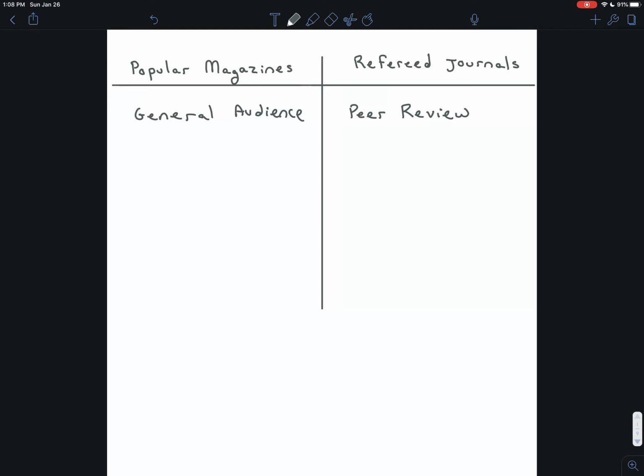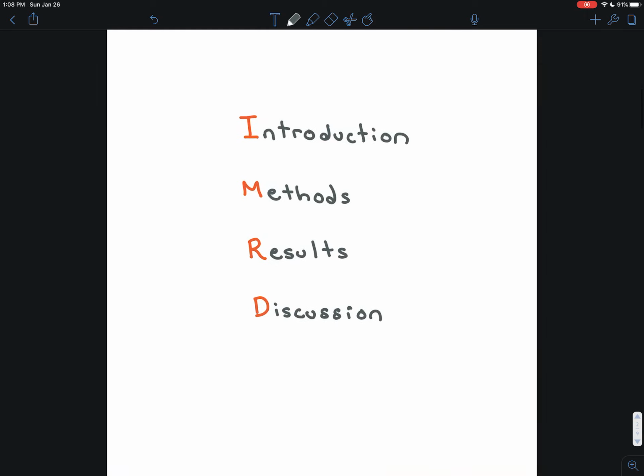Because you need 2 experts to review it before it's published, the space in these journals is extremely valuable. So that space is organized most often in what's called the IMRD format. Professional chemistry articles published in those refereed journals are written in the IMRD format.